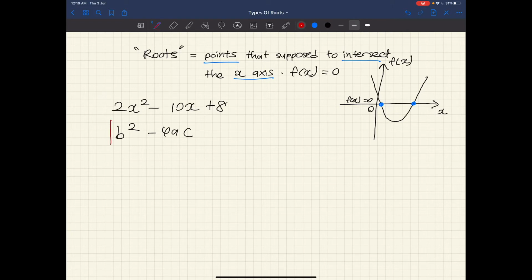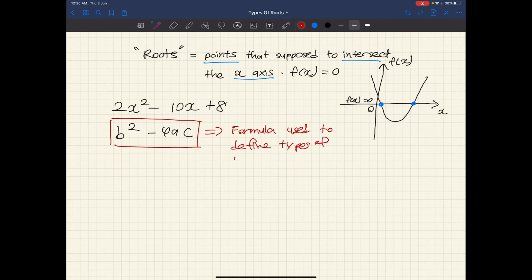This is the formula used to define types of roots.